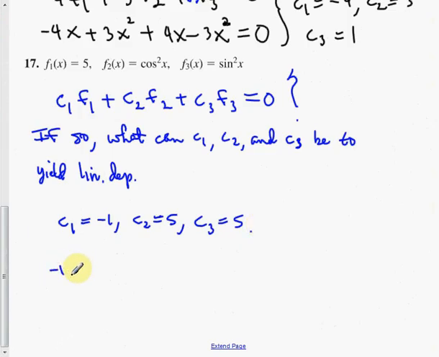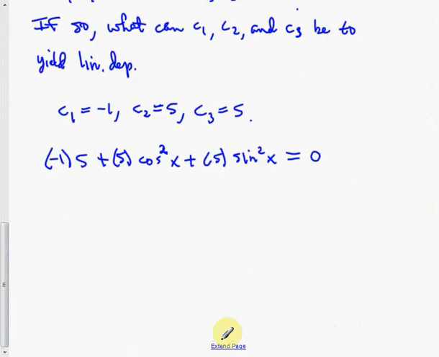So this is negative 1 times the 5 plus 5 times cosine squared x plus 5 times sine squared x. That does give me 0. Well, this is negative 5 plus 5 times cosine squared x plus sine squared x, right?